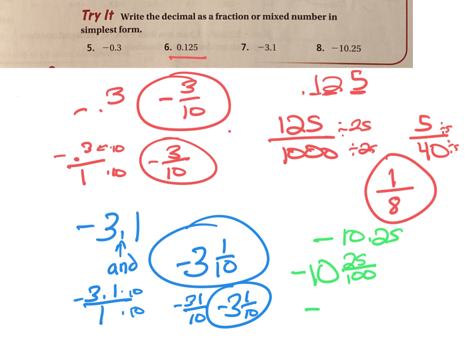Gets me negative 10 wholes and 1/4. Okay. So the way you take a decimal and make it into a fraction or a mixed number is you just kind of say it, what it is. You need to know place value, say it, and then simplify it.